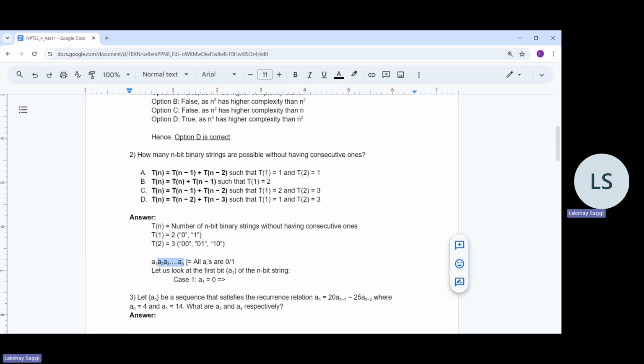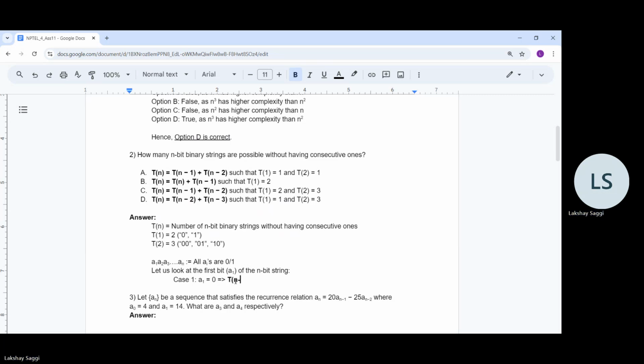In these n minus 1 bits, we want that there should be no consecutive ones, because we need the property in the n-bit string itself that there are no consecutive ones. If the first bit is 0, then to ensure there are no consecutive ones, we just have to ensure there are none in the remaining n minus 1 bits, because the 0 cannot cause any consecutive ones.